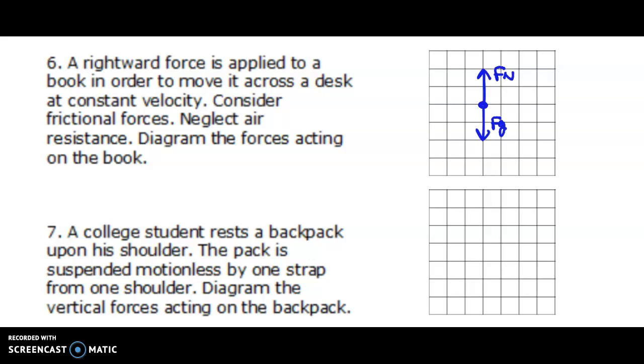But now this time, I'm going to have maybe 1 box of friction, and that means I have 1 box of applied force. The arrow is shorter. I'm not pushing as hard. This has no acceleration in the x direction now. This has no acceleration in the y direction. It has no net force.